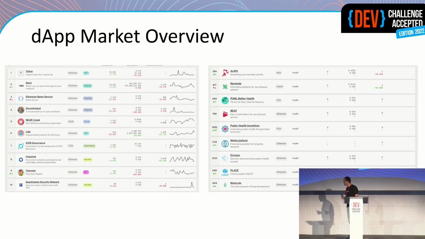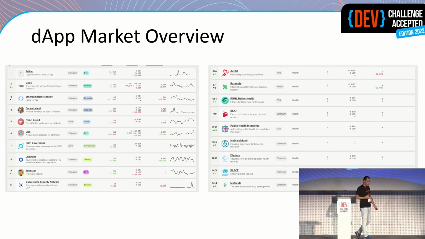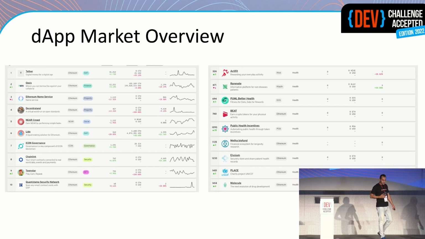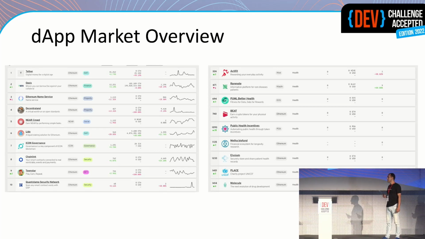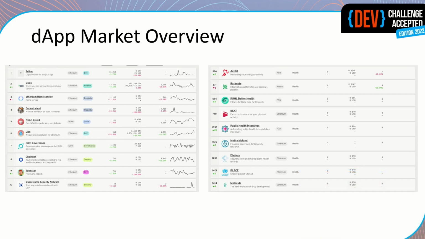And another picture here again shows that everything that goes around some kind of digital asset has a lot of users. At the same time, on the right side, there are dApps that are doing healthcare, for example, or charity, and they have nothing to show. Because, for example, if you want to do healthcare, you need to do patient data management.